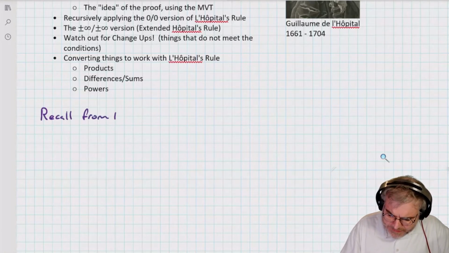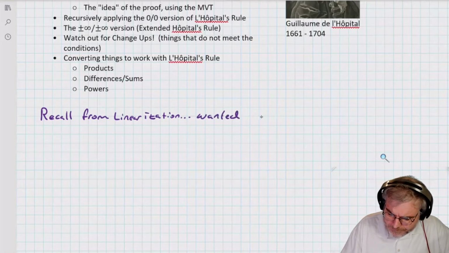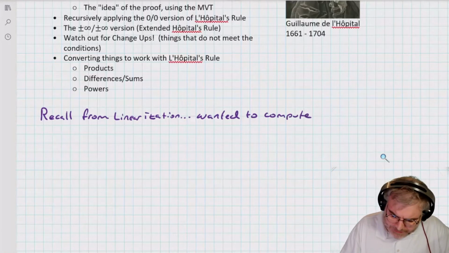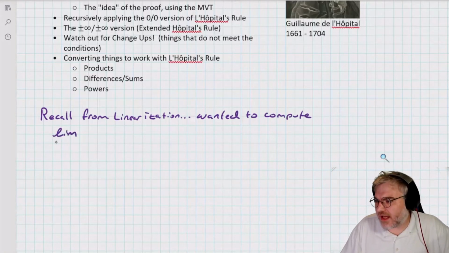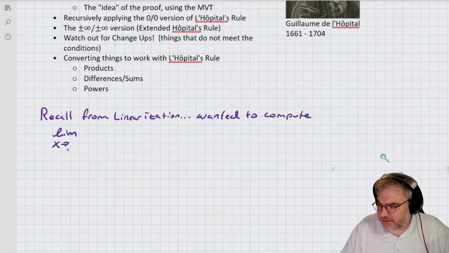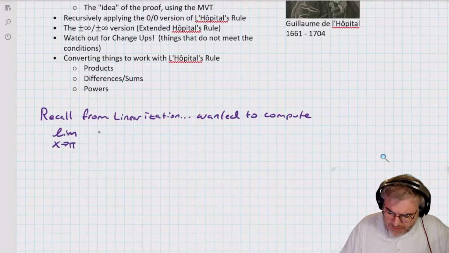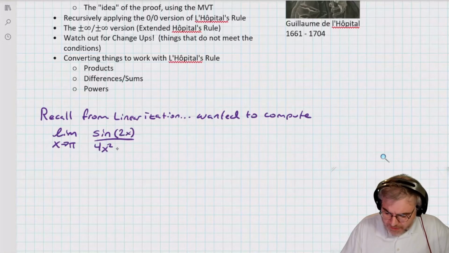From linearization, I wanted to compute the limit as x went to pi of sine of 2x over 4x squared minus 4 pi squared.